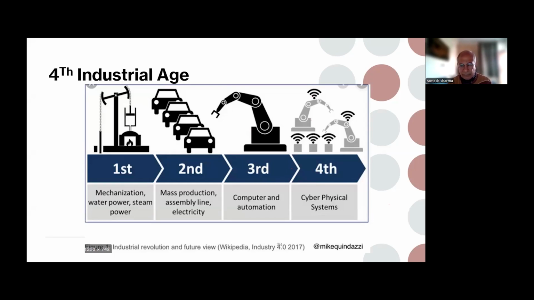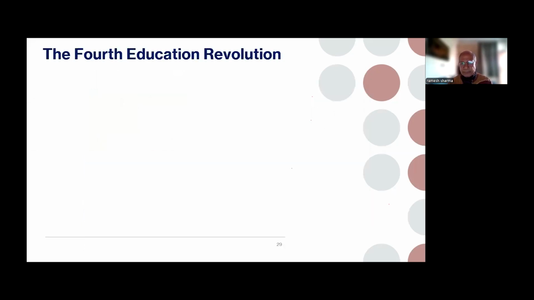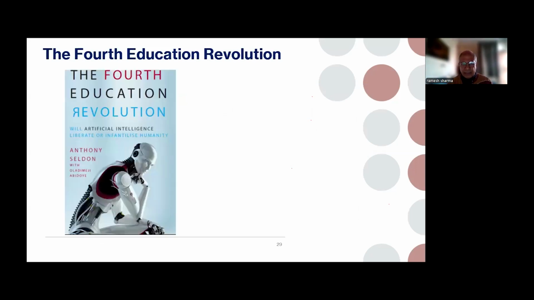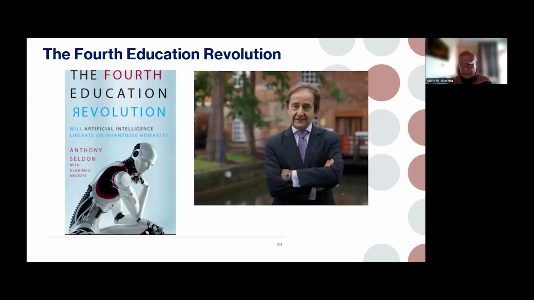He gave this classification. Currently, we are in the fourth industrial revolution stage, which is dominated by cyber physical systems controlled by artificial intelligence.